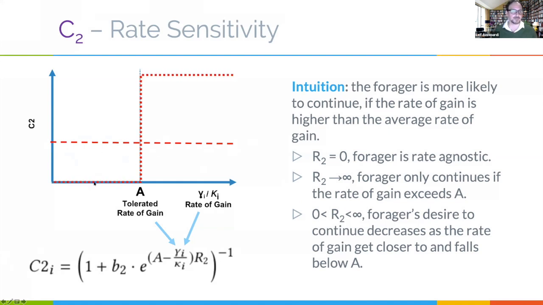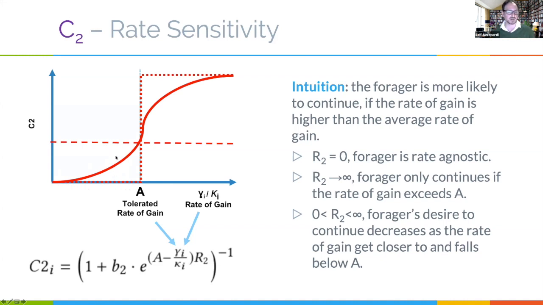Conversely, if you set this R2 to a very large number, then it says that if you're not getting the rate of gain that you expect, then you will stop. But when you're in the middle somewhere, it says that, well, maybe there is some chance you'll continue, if the rate of gain that you're experiencing is less than your tolerated rate of gain.